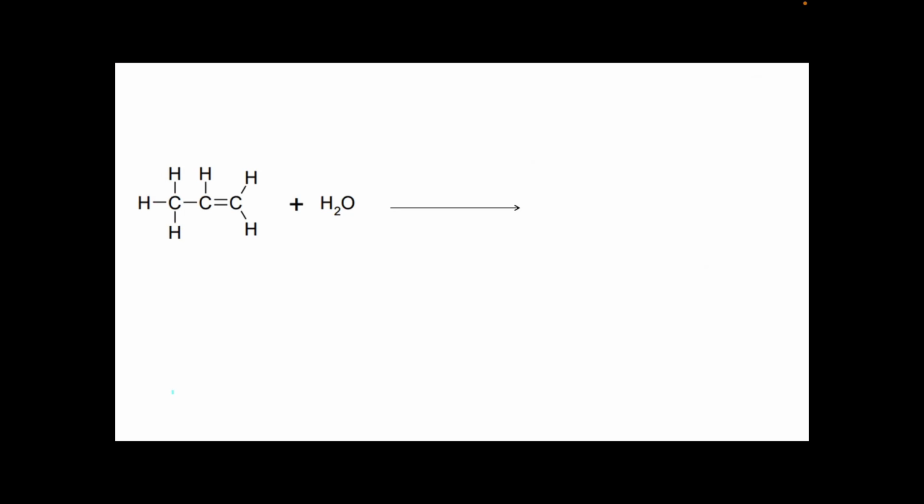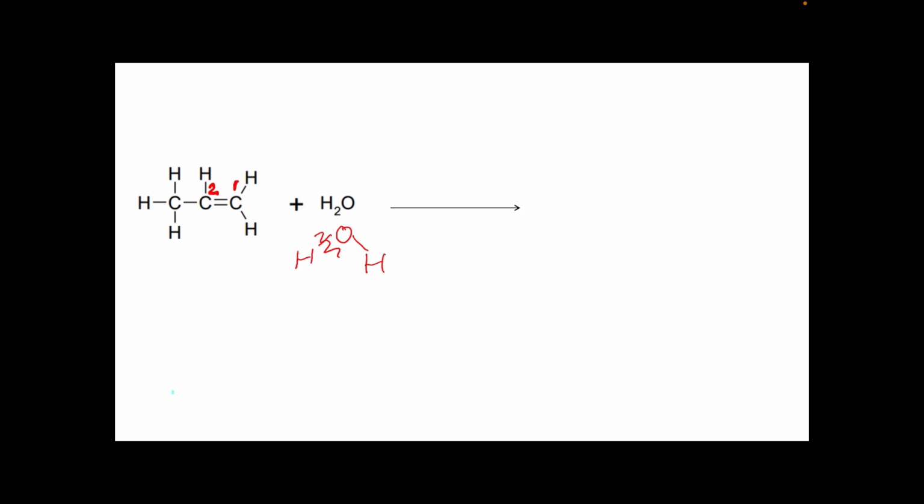So this applies when we add water across the double bond. Remember, water is going to break up into H and OH. And if we follow Markovnikov's rule, again, I'll have a think about which carbon the hydrogen is going to go on. So it's going to go on to the carbon which has got the greatest number of hydrogens already.